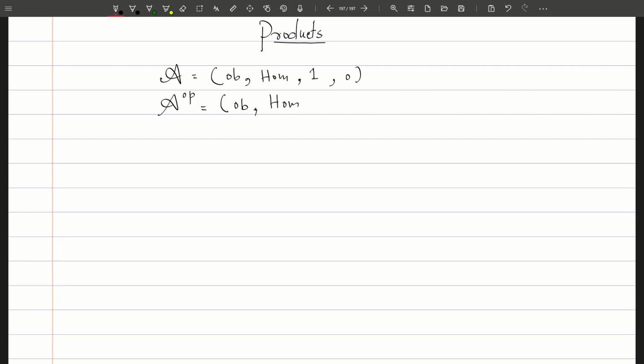So we write OP to emphasize that the arrows are reversed. The identity remains as it is, and the composition is also reversed. So this is one of the ways of constructing a new category from a given category. And there is another way, that is called the product construction.